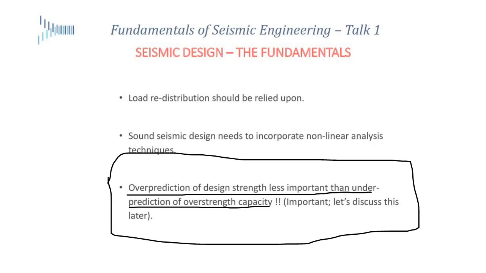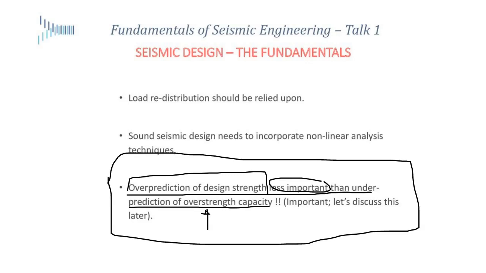It's a mouthful, I understand, but if you just stay with me, I think I will be able to explain this to you. So previously, for gravity, we were thinking about not overpredicting the design strength. But what I'm saying is it's less important than something else. It's the underprediction of overstrength. Okay, and we will talk about that. So just remember, maybe even write it down, but I will come back to this.